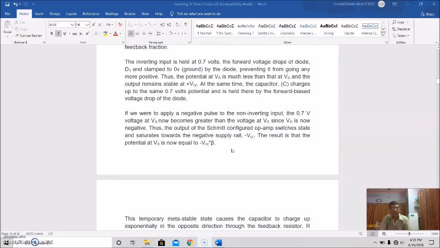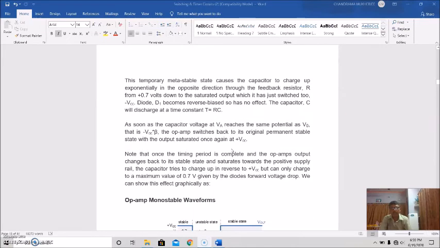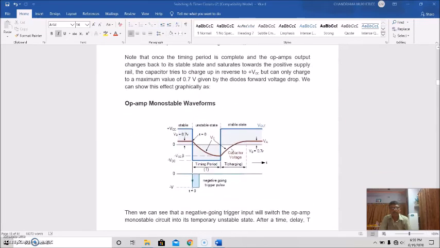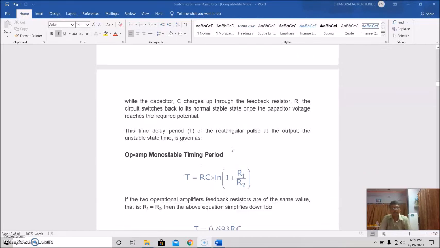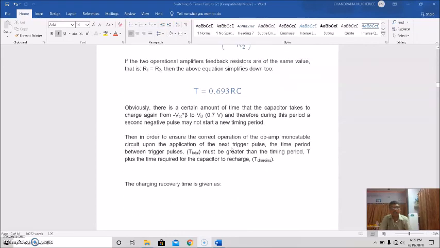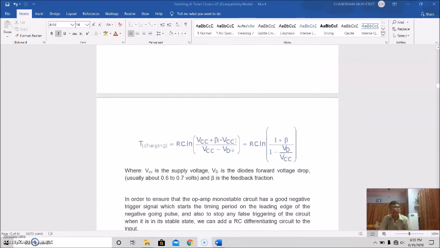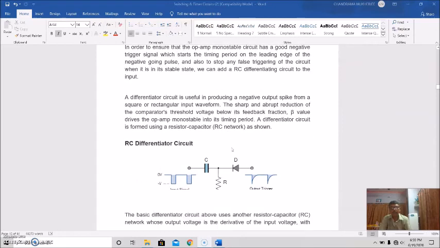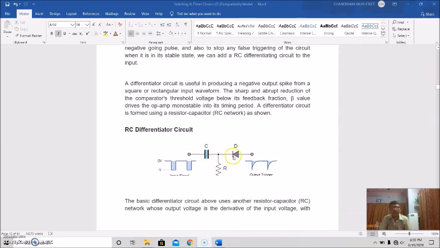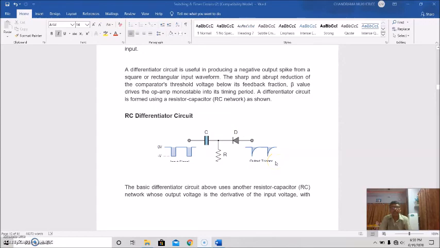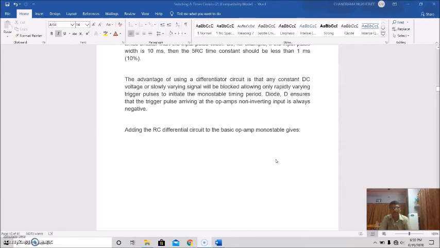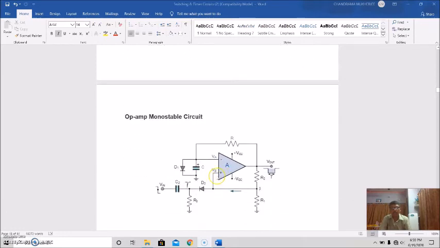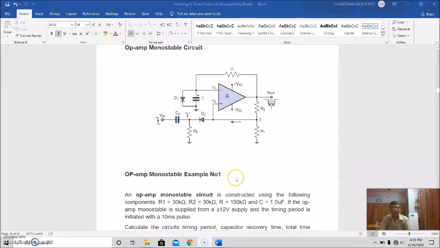We discussed in detail its waveforms, its timing period, and the charging time. Then we introduced the RC differentiator circuit and added it to the basic op-amp monostable circuit on the input side to get the complete op-amp monostable circuit.